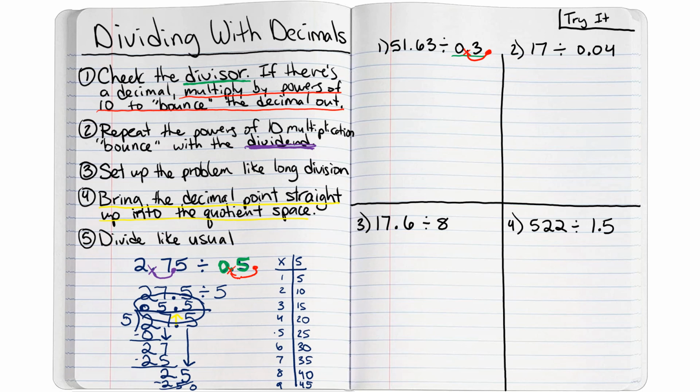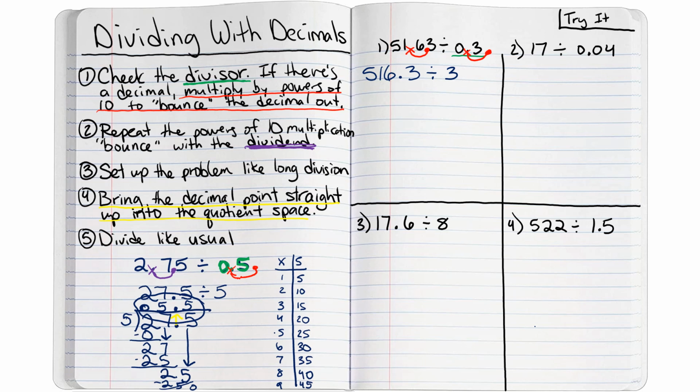Since I did that to my divisor, I'm going to come over here and do the same thing to my dividend. Now, instead of solving the problem 51 and 63 hundredths divided by 3 tenths, I'm going to be solving this new problem: 516 and 3 tenths divided by 3.